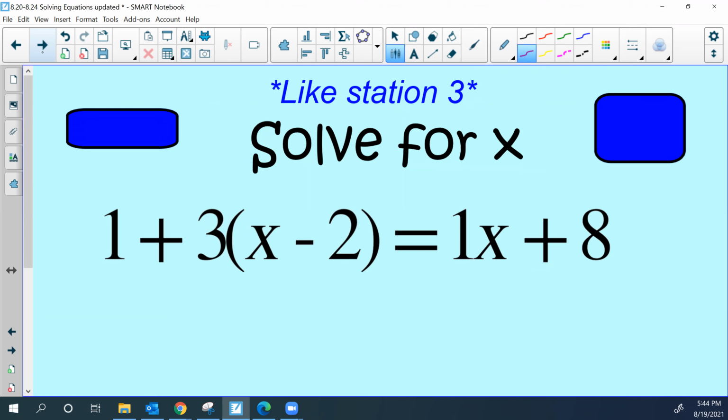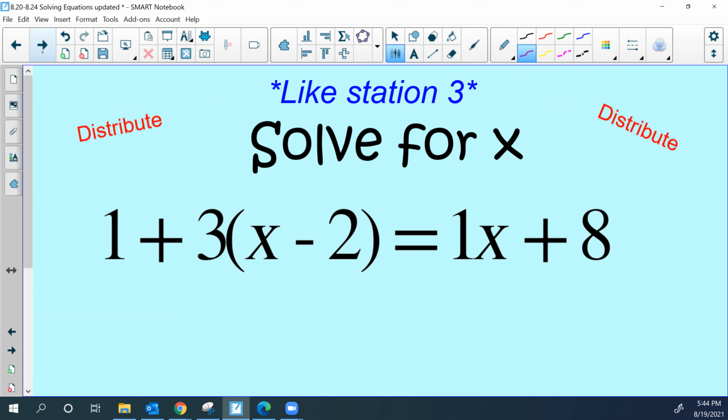All right, next, I have this long problem here, 1 + 3 in parentheses, X - 2 equals 1X + 8. This right here, everybody, is an example where we will need to distribute. The reason why I know I need to distribute is because I see parentheses. With parentheses, I need to take what is directly on the outside, and only the one term that's on the outside, and distribute it inside my parentheses.